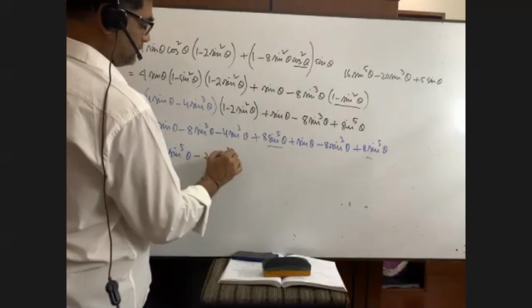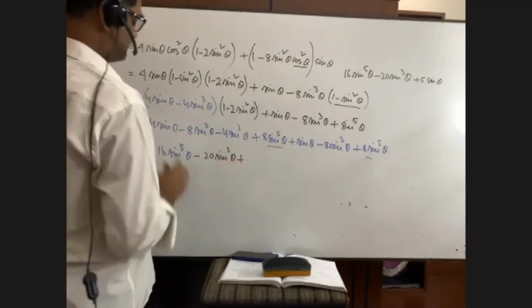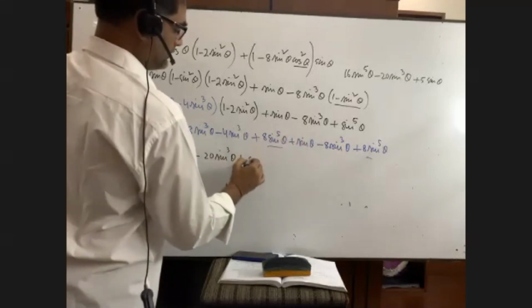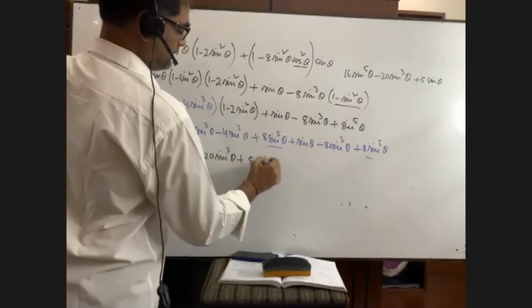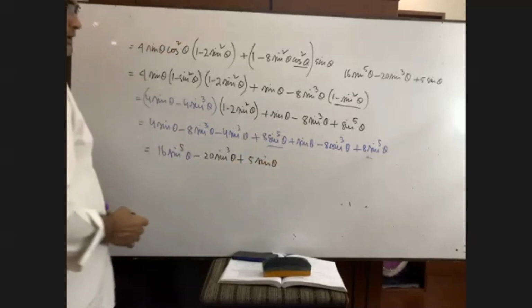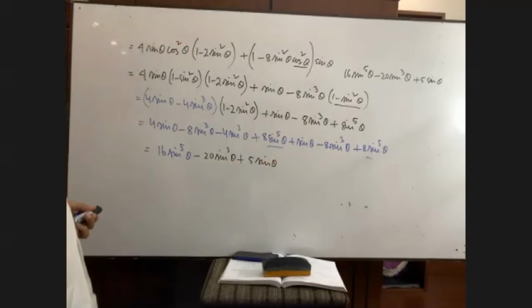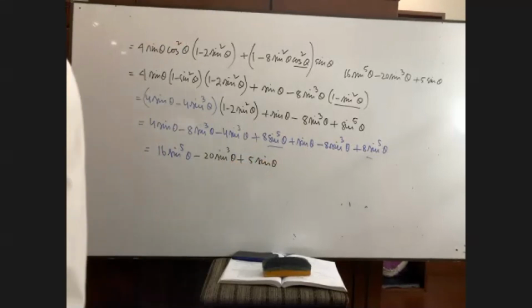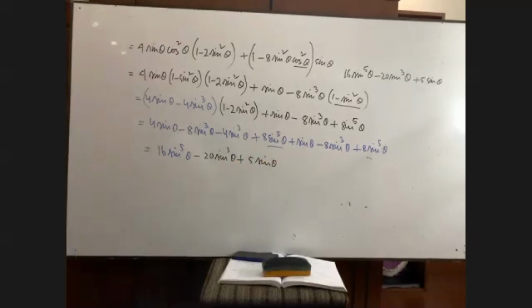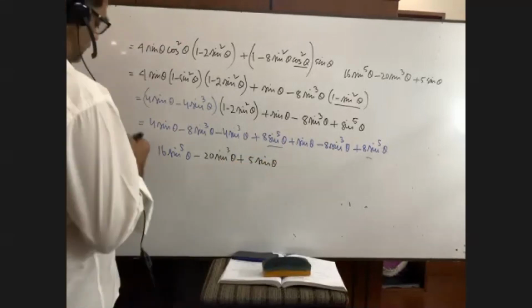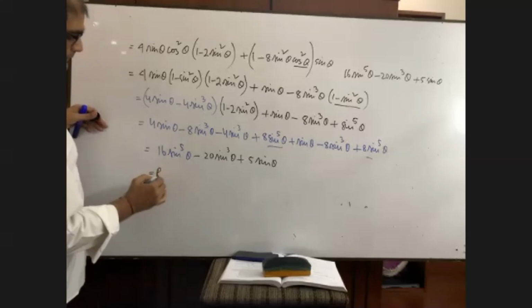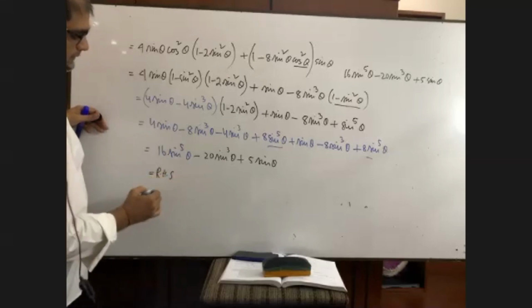Sin cube theta plus 4 sin theta, 5 sin theta, equals the right hand side. Is it okay? It is equal to the right hand side. Math is done.